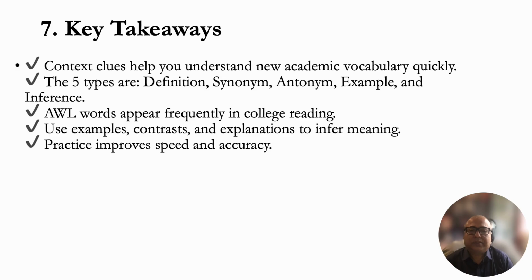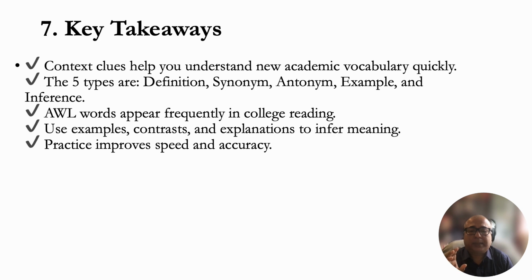Okay? All right. So let's wrap up the lesson, right? Let's go over some key takeaways. What did we learn today? We learned that context clues help us understand new academic vocabulary quickly. All we have to do is read the sentences carefully and look for the context clues. And there are 5 types of context clues we learned: definition, synonym, antonym, example, and inference. We also learned some AWL words.